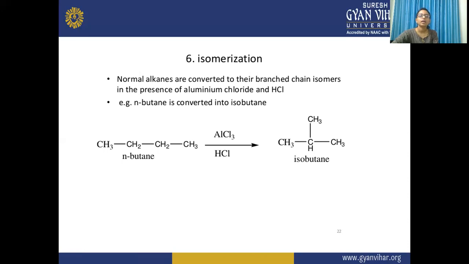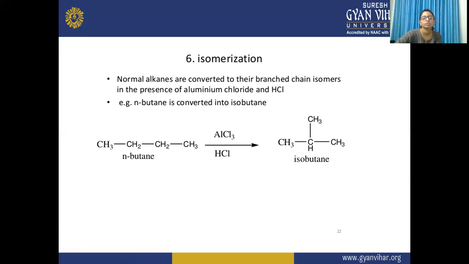So here this is a normal alkane, means it is a chain. N-butane is a chain compound, and in the presence of catalyst AlCl3, it is converting into the branched chain isomer. So here you can see this butane has the same molecular formula as that of isobutane. So here C4, in case of isobutane, also 4 carbons are present, and hydrogens are 10.